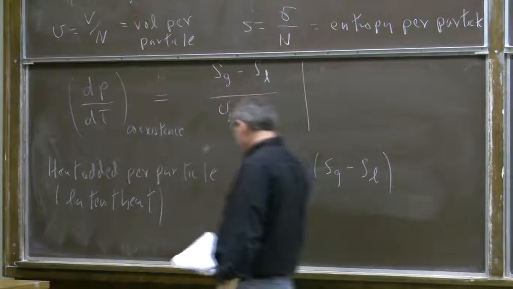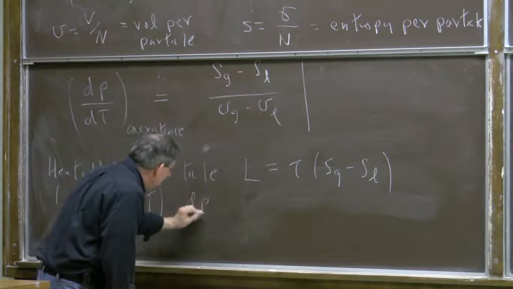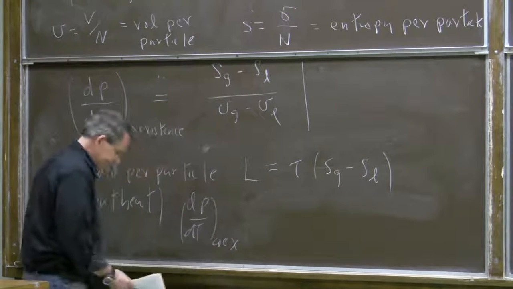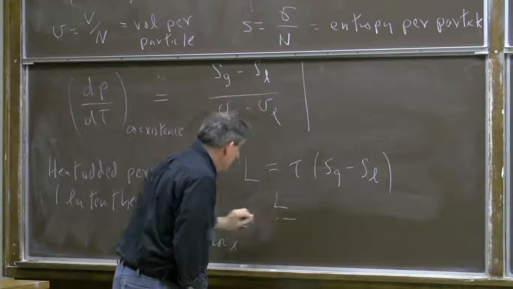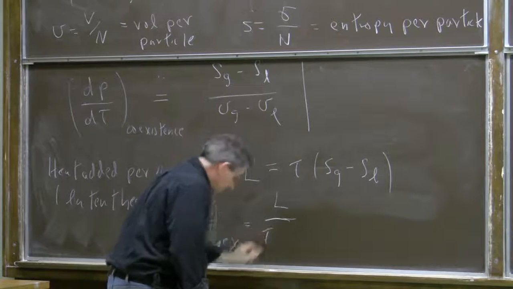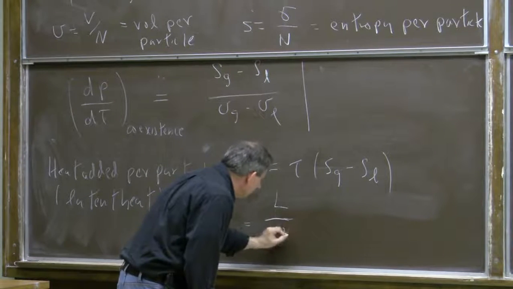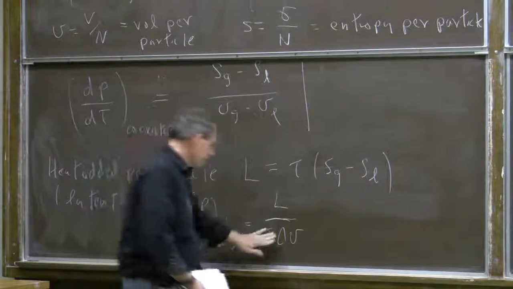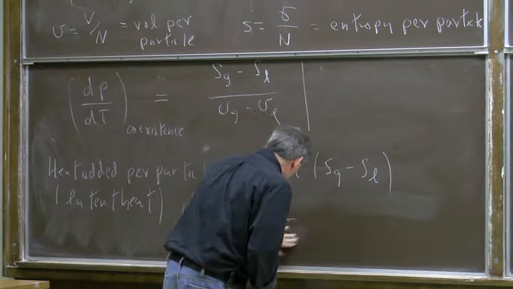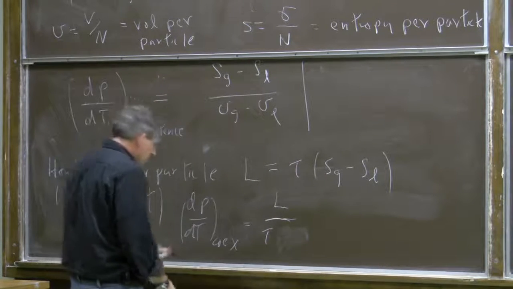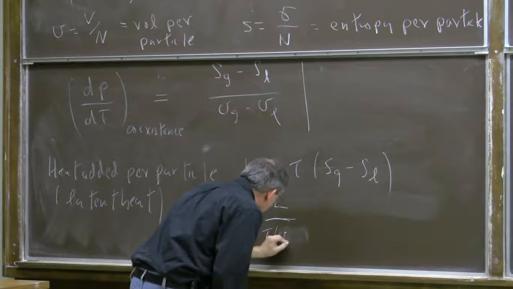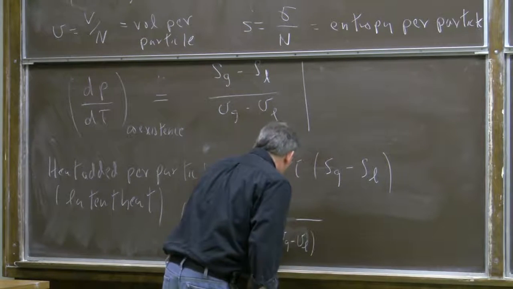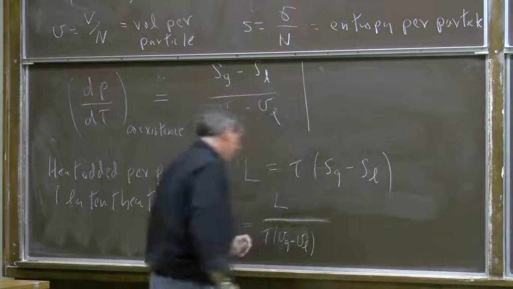So I can write dp d tau along the coexistence curve as the latent heat divided by temperature times delta V, the change in volume per particle. So when the sign convention is clear, I should just continue to call it V gas, the volume per particle of gas, minus the volume per particle of liquid.